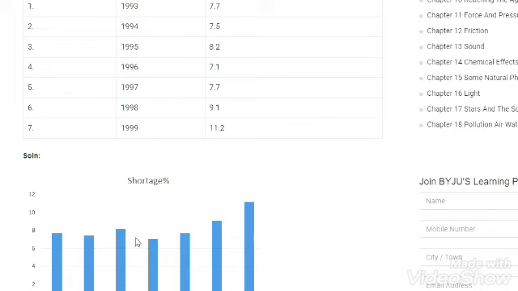Then in 1996 it is 7.1. Then we can plot this type of graph. This is all about the exercise and the answers.